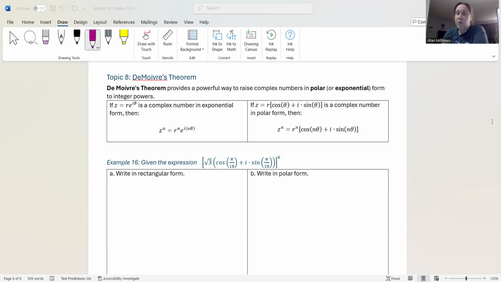Now, if we were going to try to raise complex numbers to integer powers in their rectangular format, it's not impossible. It's messy and tedious because you have to envision, say, that we had a plus bi, just our original complex number, and we wanted to raise it to the sixth power. Well, that would be a plus bi times a plus bi, and so on, six times.